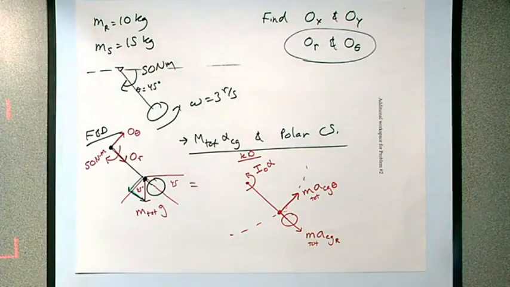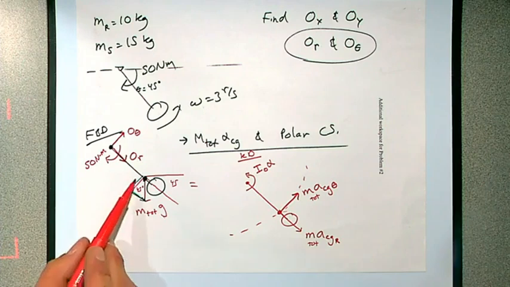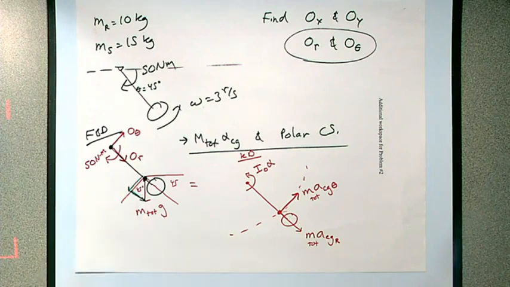The theta direction. Okay. O in the theta. The mg is actually in the negative now, minus m total g, and that in the theta is a cosine leg. Not that it matters because it's 45 here, but just to get it right.